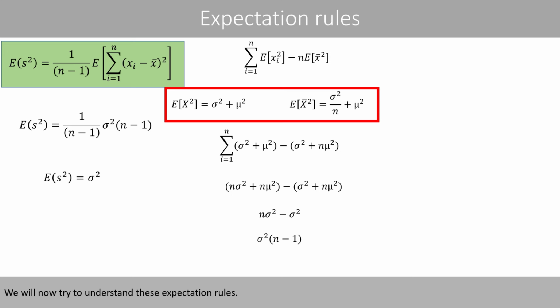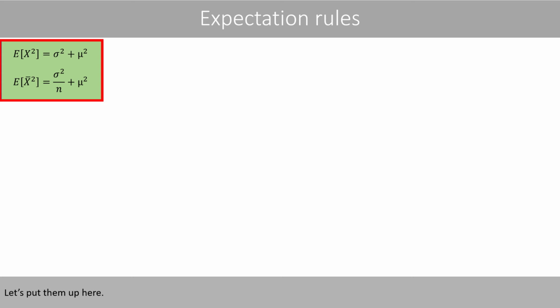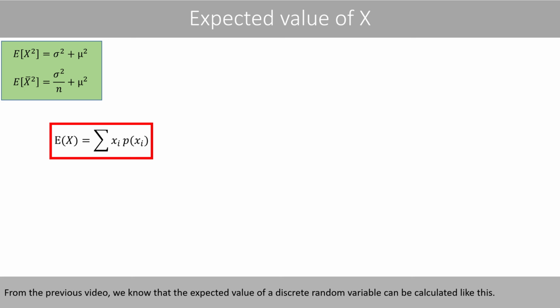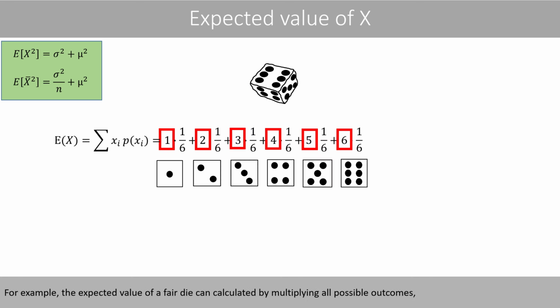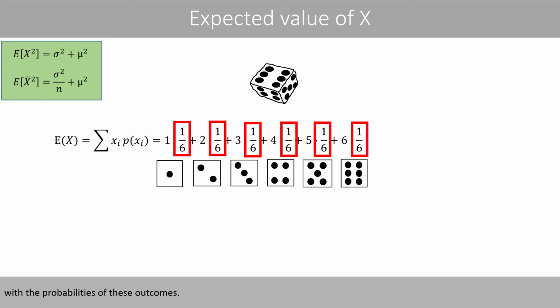We will now try to understand these expectation rules. Let's put them up here. From the previous video, we know that the expected value of a discrete random variable can be calculated like this. The results from rolling a die can be seen as the discrete random variable. For example, the expected value of a fair die can be calculated by multiplying all possible outcomes with the probabilities of these outcomes.